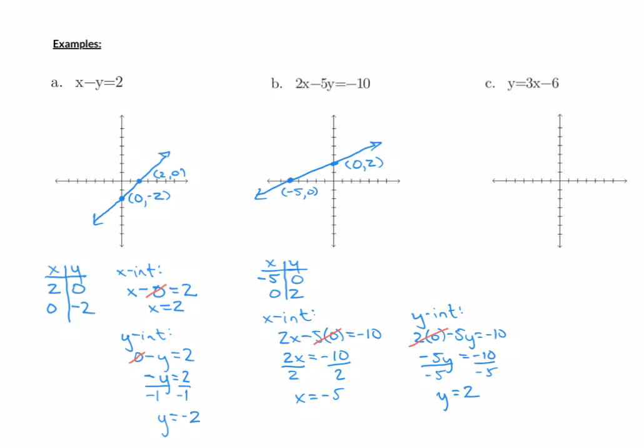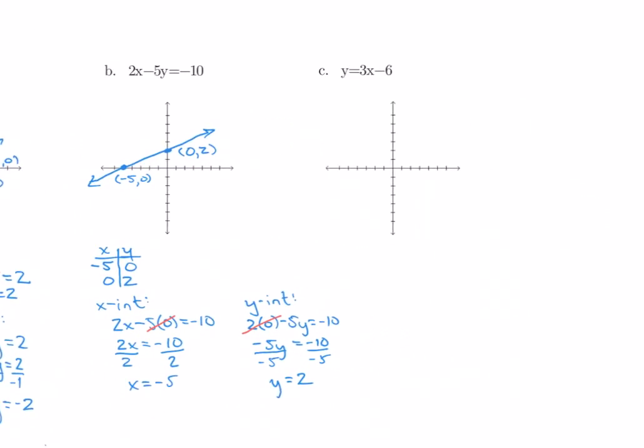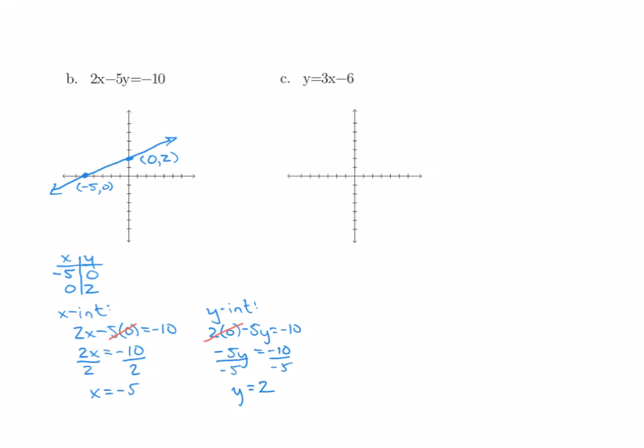All right, example C. We have y equals 3x minus 6. Note this is not in general form, but you still have x-intercepts and y-intercepts, and those are 2 things that we want to find. So let's go ahead and see what happens. Again, we're going to plug 0 in for each one of our variables.